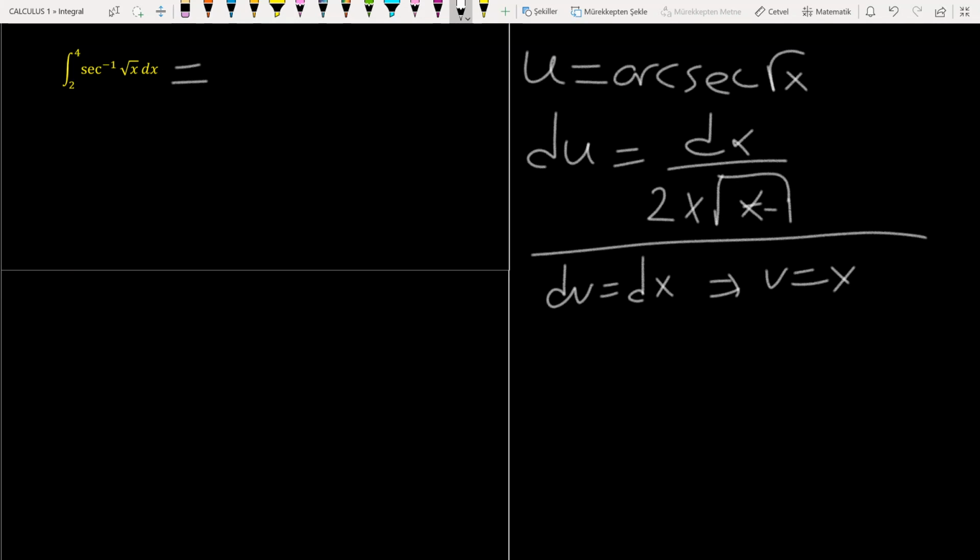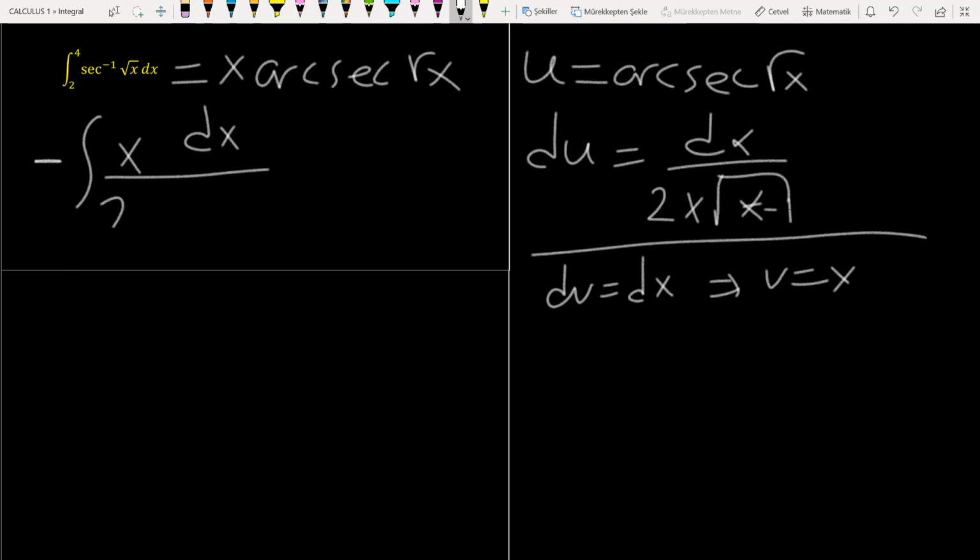So let's use the formula of integration by parts. Then we have u times v, x arcsecant square root of x, minus v times du, x dx over 2x times square root of x minus 1. Then you may cancel these two terms, and this is equal to x.